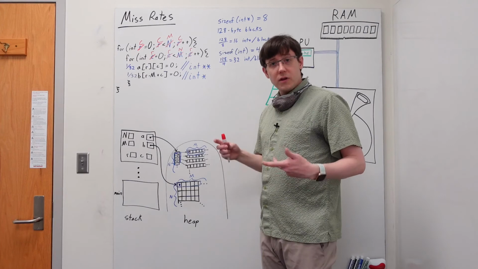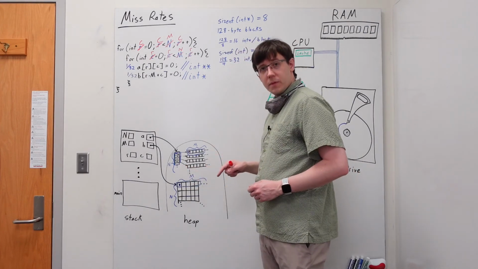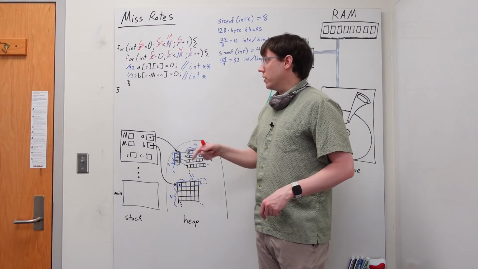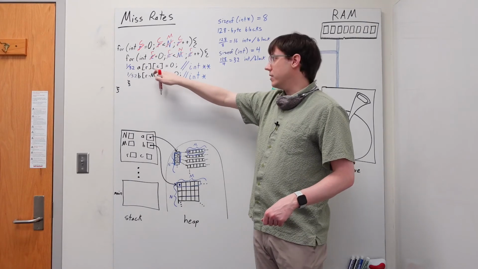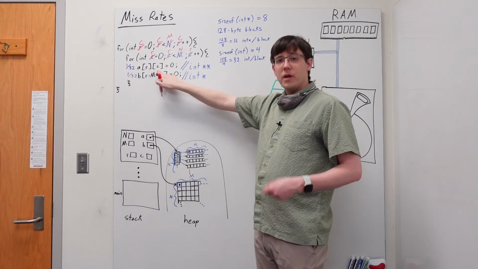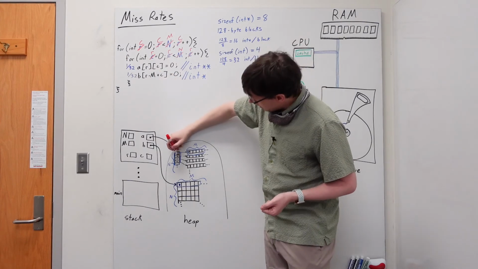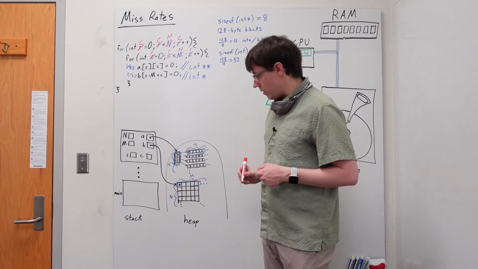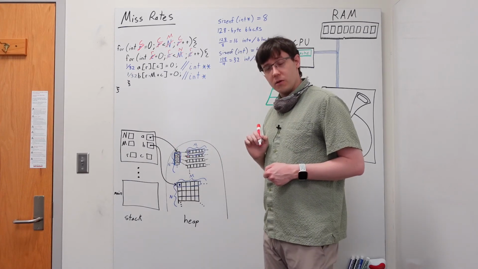And the blocks of data that will be brought in will be the same, but on the next iteration, if we have incremented R and C is still 0, then the thing that we will be accessing will be this position in the outer array, and then this position in the inner array.